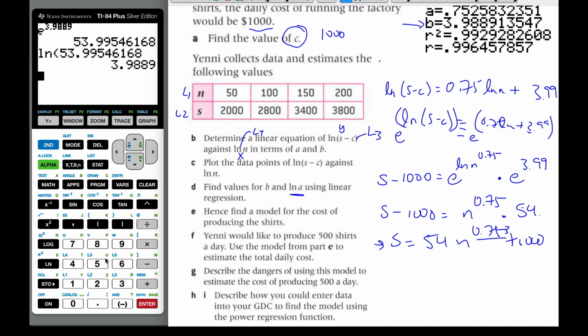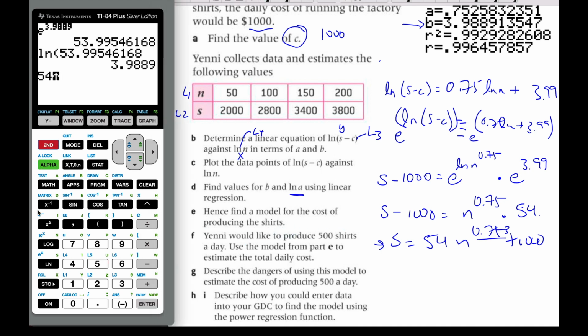Well, I know then that it's 54 times N, which is 500, to the power of 0.753, plus 1,000.